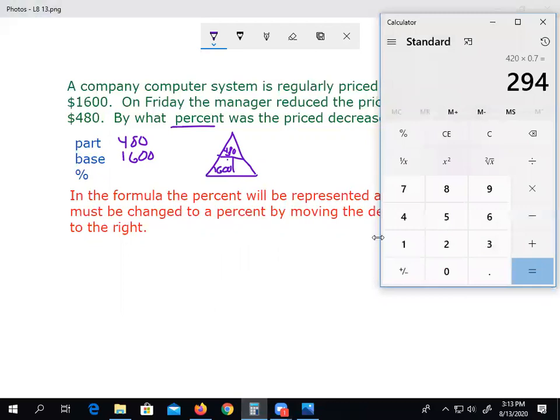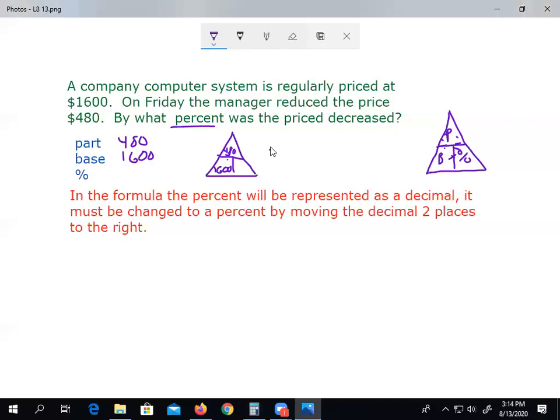So using our calculator, the 480 goes in, and then I just divide it by the 1600, and that gives us 0.3. So 0.3 is our answer, but remember in the formula, the percent was represented as a decimal.